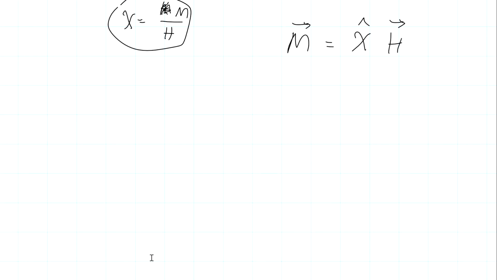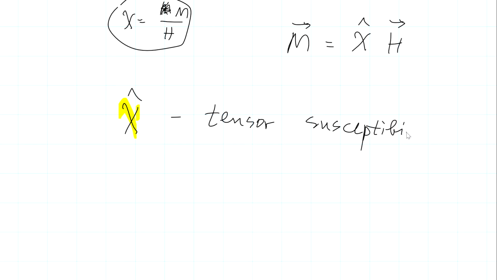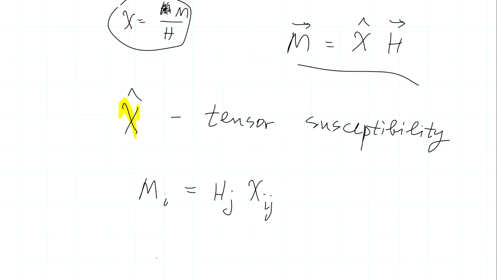So in this case, chi roof is called a tensor susceptibility, and you can write this in the component form. The i-th component of m is equal to the j-th component of h times the ij-th component of susceptibility.